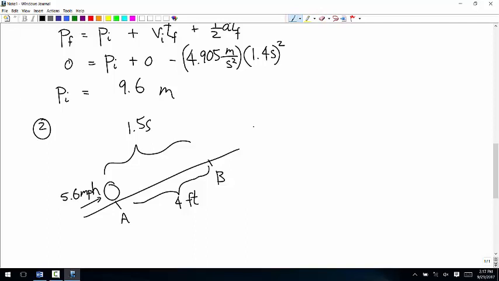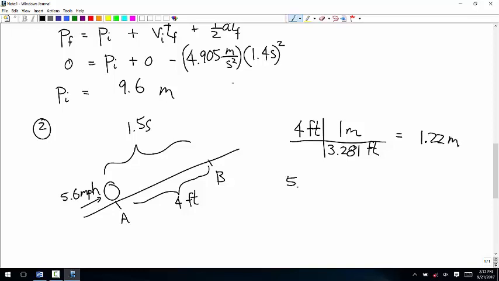Okay, so first let's do the conversions. 4 feet, 3.281 feet is a meter. Can someone divide 4 by 3.281? 1.22 meters.